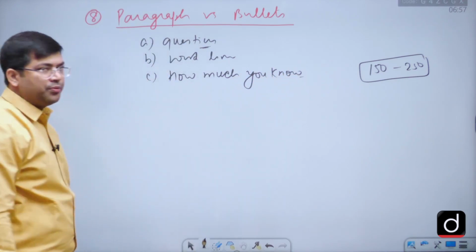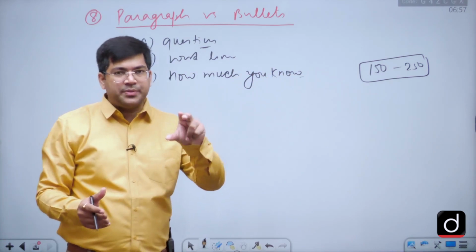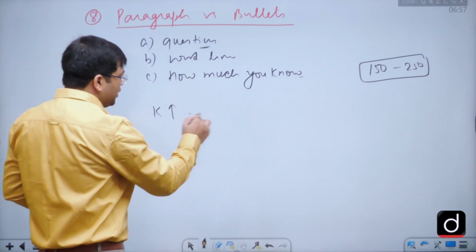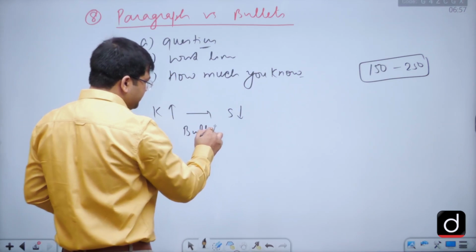If you know a lot of things and you have small space, then obviously if you know more and space is less, bullets will work.